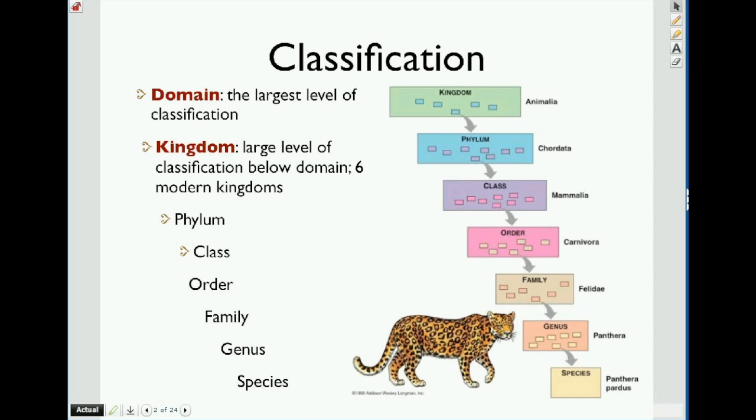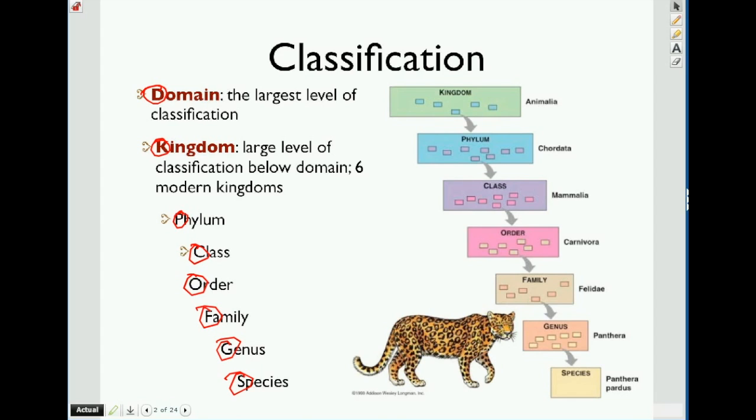We have this system, and when I was a kid, I learned King Philip came over for good spaghetti. And then they changed it. They added a domain when I got a little older. So now it's Dear King Philip came over for good spaghetti.